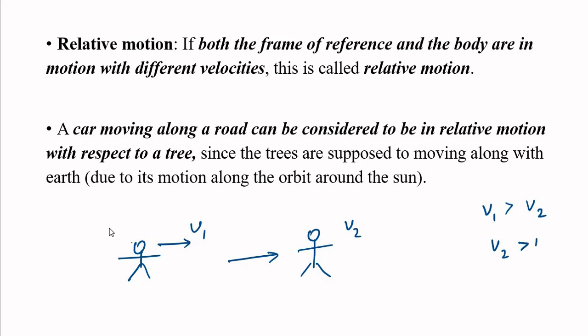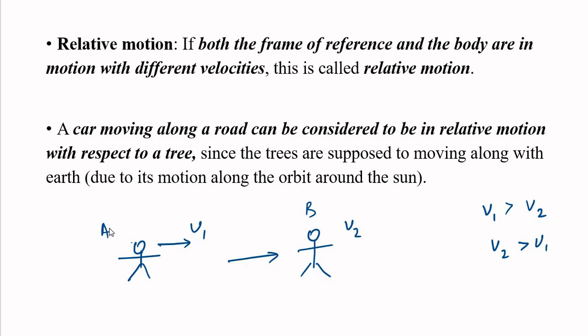When v1 is greater than v2, boy A will finally catch boy B because his velocity is greater than B's velocity. Similarly, if v2 is greater than v1, then boy A will never be able to catch B, unless he gets exhausted and rolls down on the ground, but that is a different case. If both maintain the same velocity and do not accelerate, he will never be able to catch him.